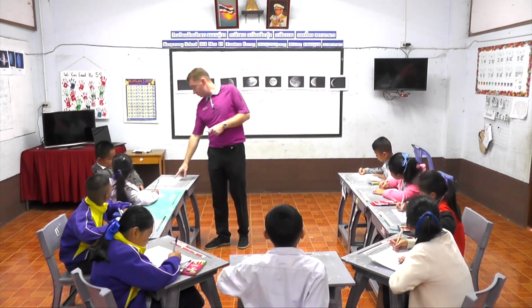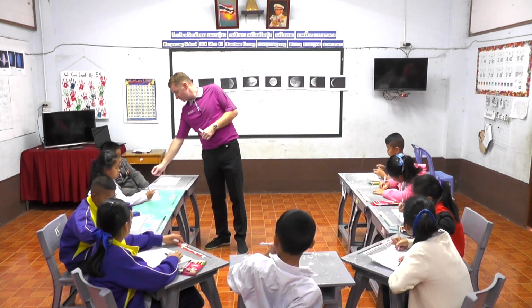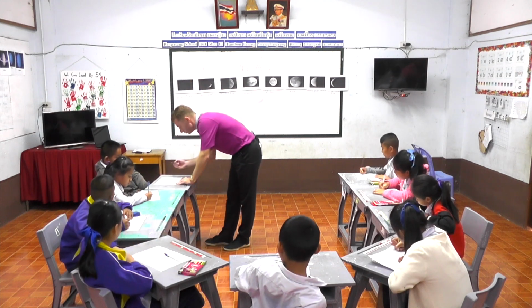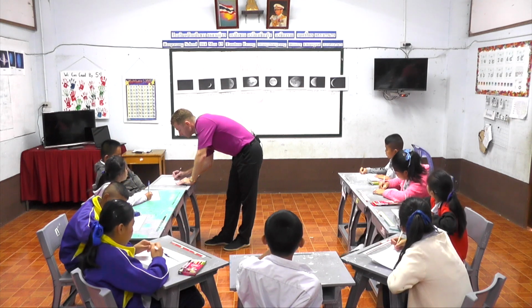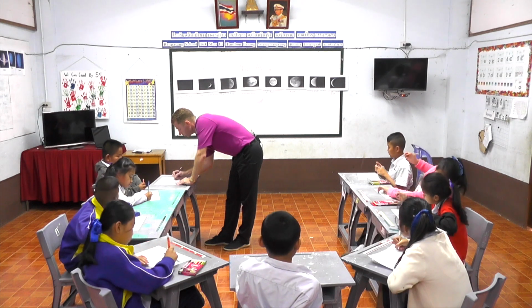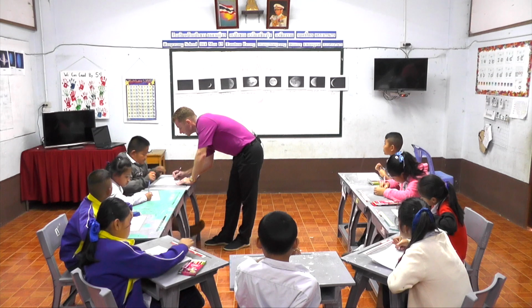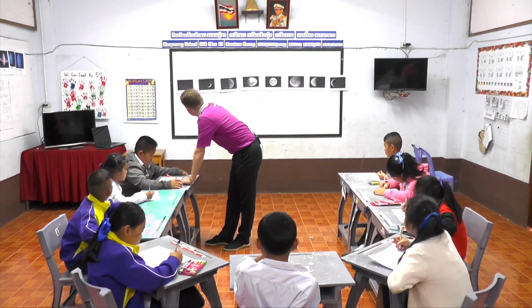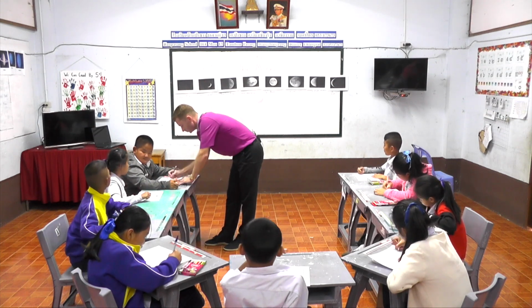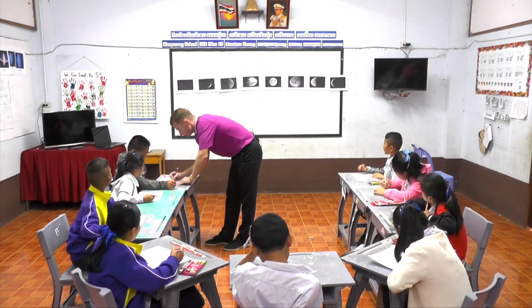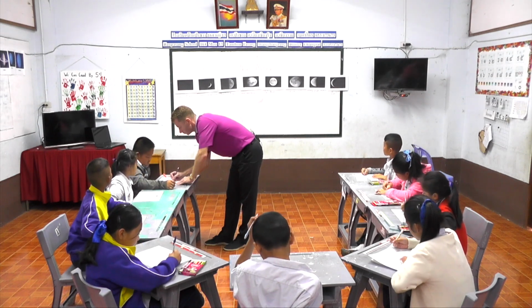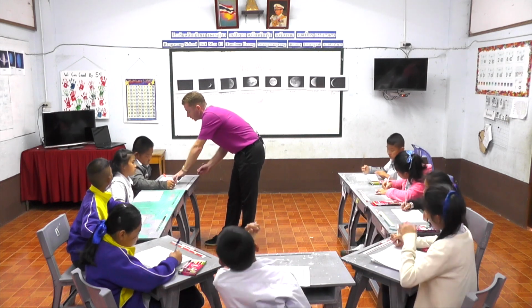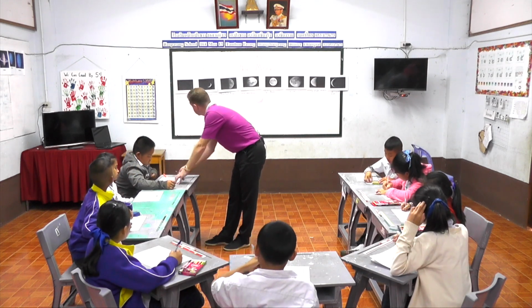Excellent. So the new moon, what we'll have to do, Net, can I borrow your pencil? The new moon, we can hardly see. So all of the new moon is shaded. But then the new crescent moon, you see, on the new crescent moon you can start to see some of the moon.